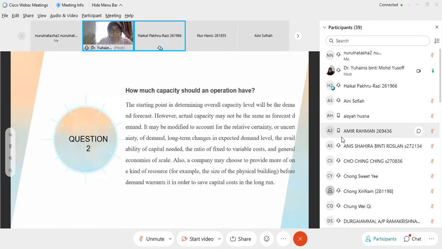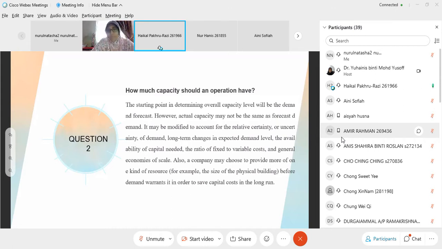Okay. Next, long-term changes in expected demand level. The availability of capital needed, the ratio of fixed to variable costs, and general economies of scale.